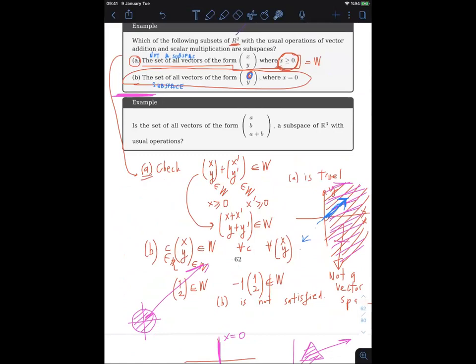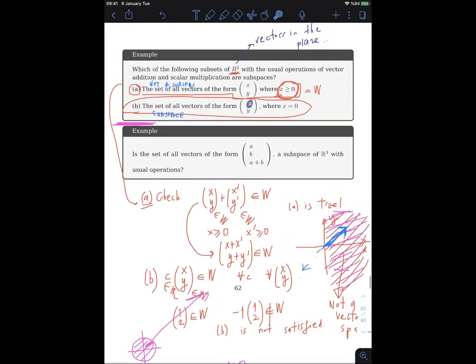Now let's look at this example. Is the set of all vectors of the form a, b, a plus b a subspace of R3? Try to think about this for a minute, and let me know what you think about it.